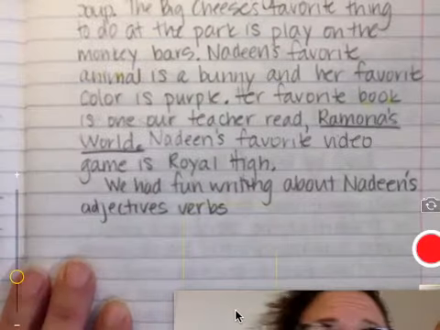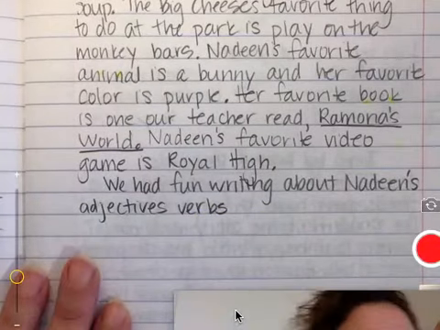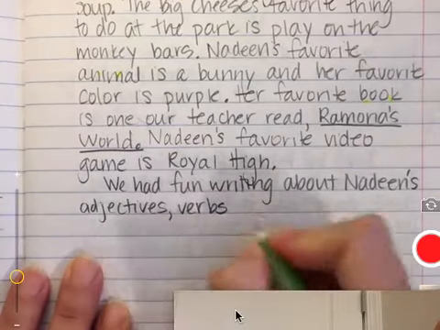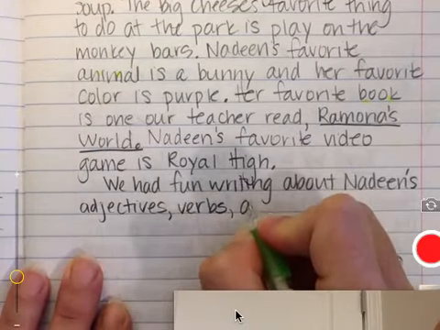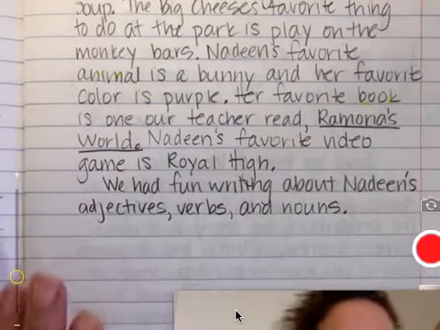Now, since we're listing 3 things in the sentence, adjectives, verbs, and nouns, we're going to separate them with commas. Adjective, comma, verbs, comma, and nouns. Thank you, Lucas.